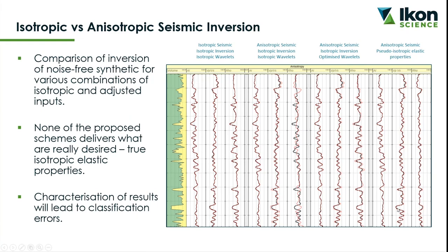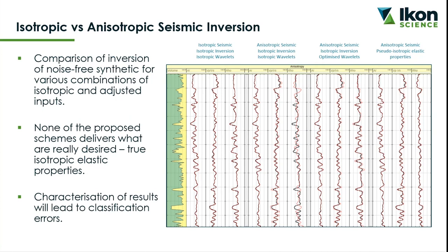But of course, these are not the elastic properties that we want. Density is increasing into the reservoir relative to the background, which is the reverse of what any geologist would expect. So we now have to create pseudo-isotropic rock physics models to convert these back into properties that a regular interpreter could make some sense of.